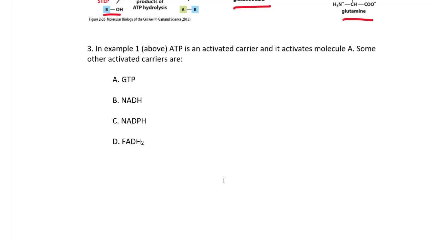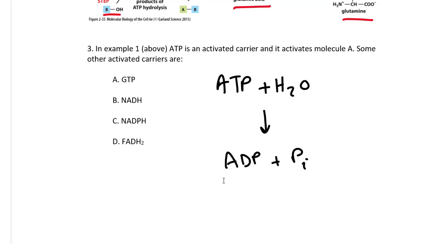ATP is the ultimate activated carrier, because when you put it through a hydrolysis reaction and you get ADP plus Pi, this is a delta G standard much less than 0. GTP is another activated carrier. NADH, NADPH, and FADH2 are also activated carriers.